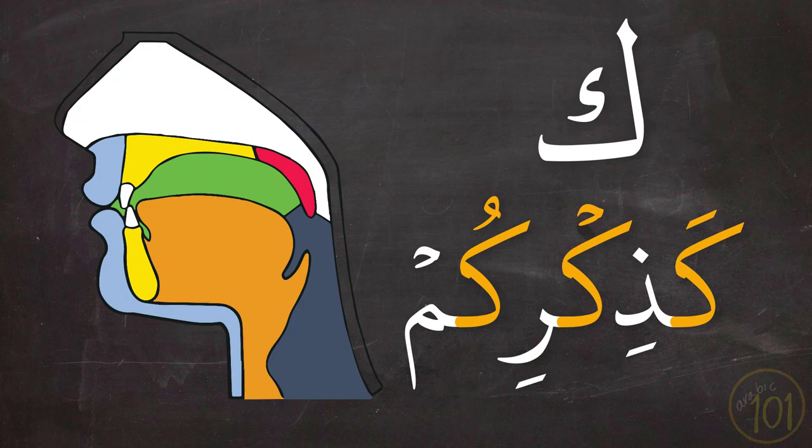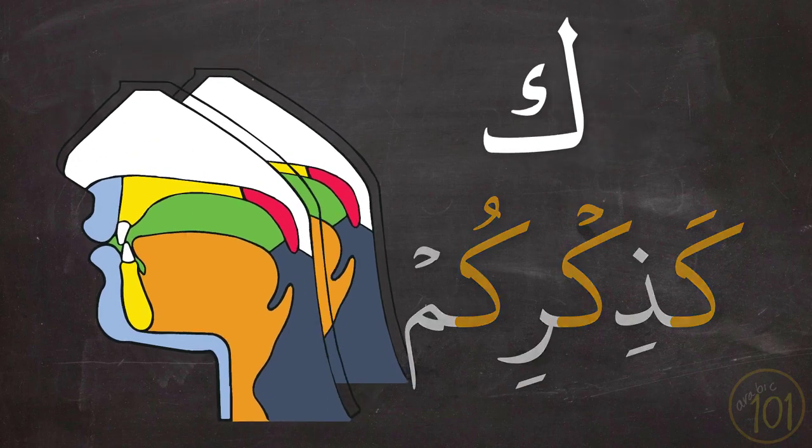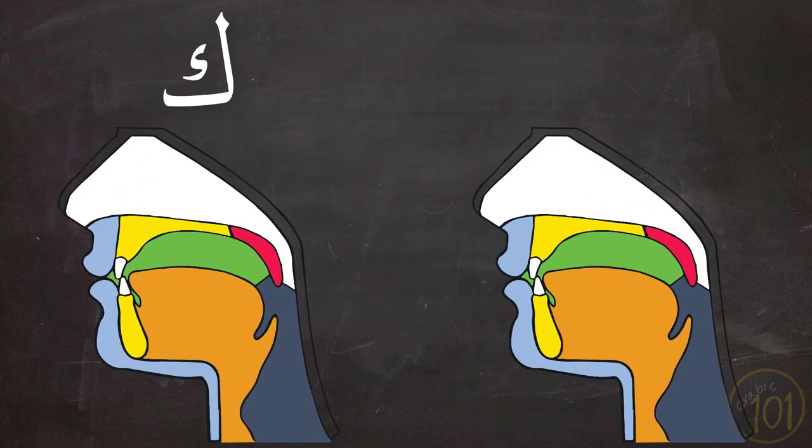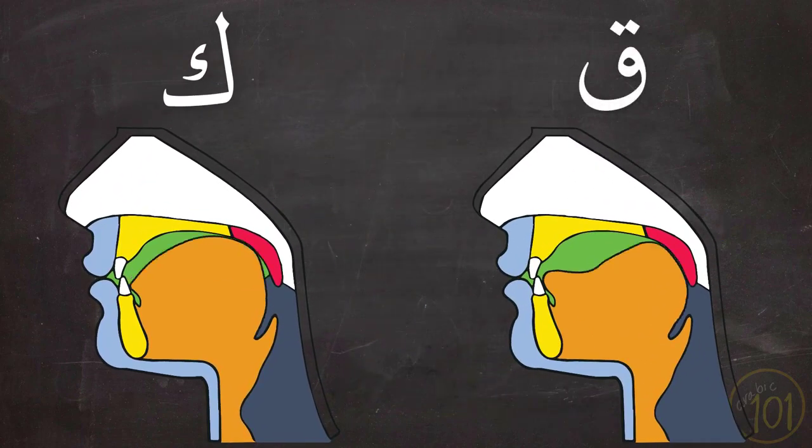And to understand the mechanism even better, let's put the kaf side by side to the qaf and see what the differences are. First, we see that the movement of the back of the tongue is very similar, if not identical. The difference with qaf is that it is a little bit deeper into the mouth, as it is only touching the soft palate, and the sound is produced at that point.